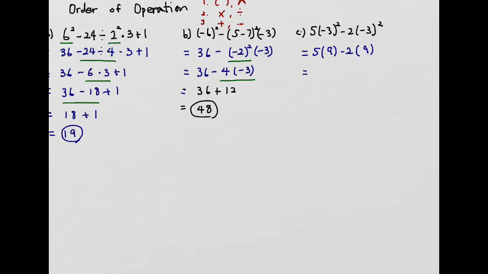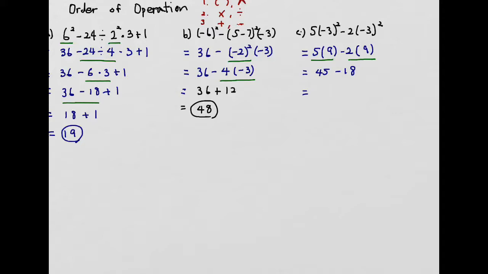The next thing is multiplication or division, but I don't see any divisions. I see multiplication here and there, so let's do those two multiplications at the same time. 5 times 9 is 45. Negative 2 times 9 is negative 18.